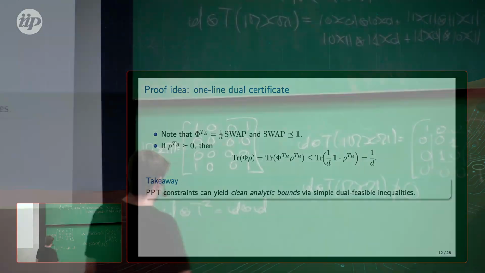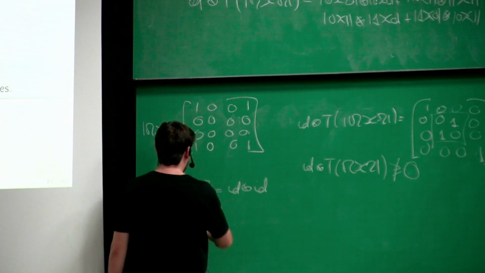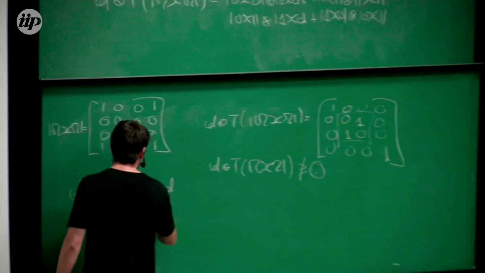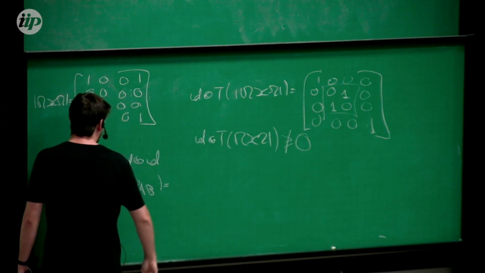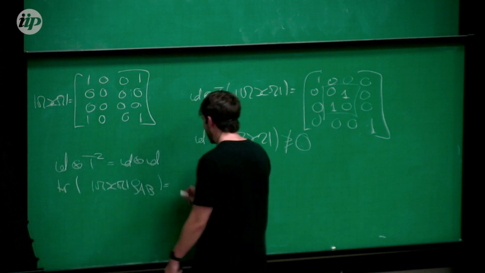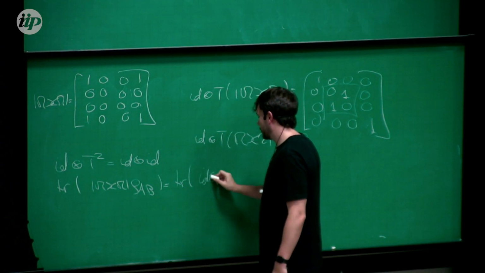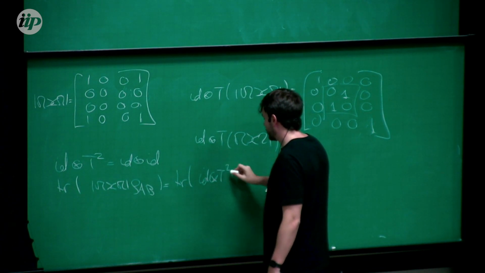So if I look at the trace of the maximally entangled state with any other matrix rho AB, I can write the same thing as the trace of the identity partial transpose twice, right?